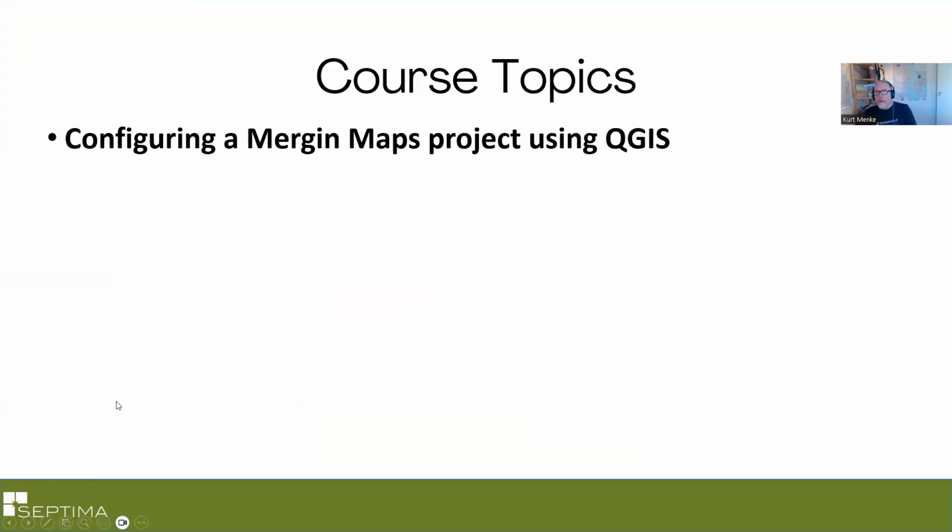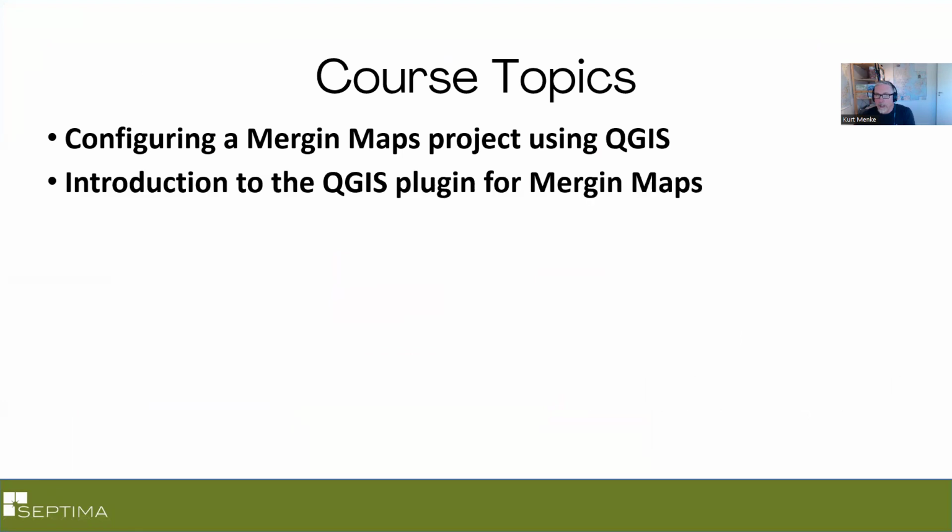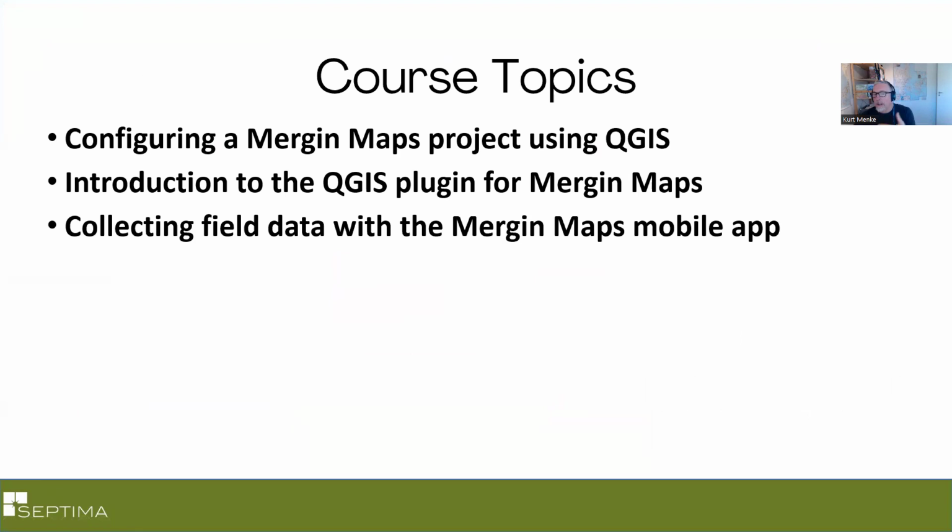So what we're going to cover today is configuring a Mergin Maps project using QGIS, starting from a blank project, starting from the very beginning. We'll then learn how to use the QGIS plugin for Mergin Maps to upload that project to the Mergin Maps server. And then we're going to collect some field data.